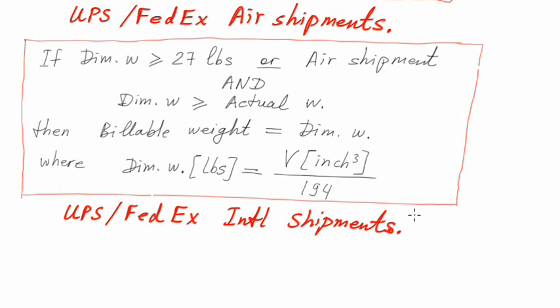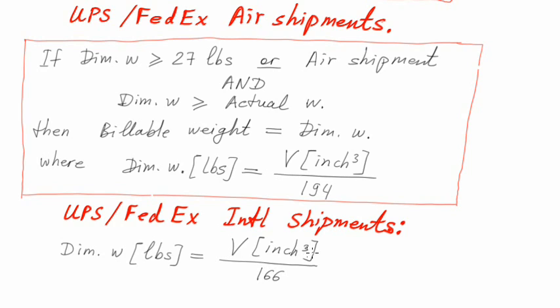So in the case of international shipments, dimensional weight is determined slightly differently. Dimensional weight in pounds is equal to volume in cubic inches divided by 166.